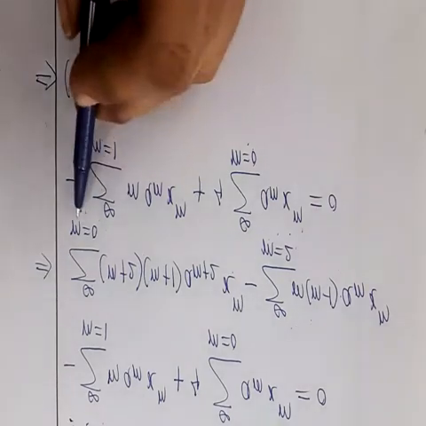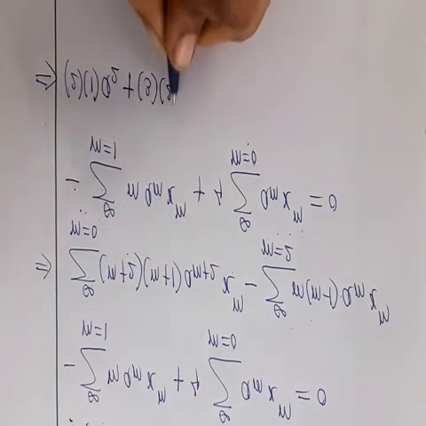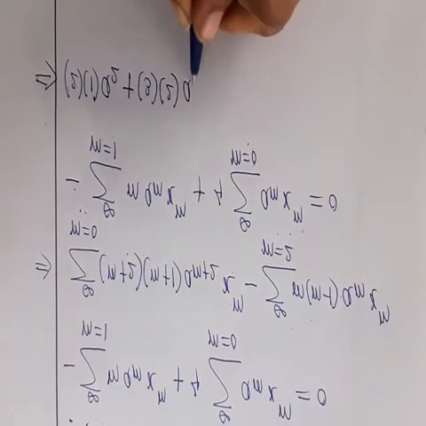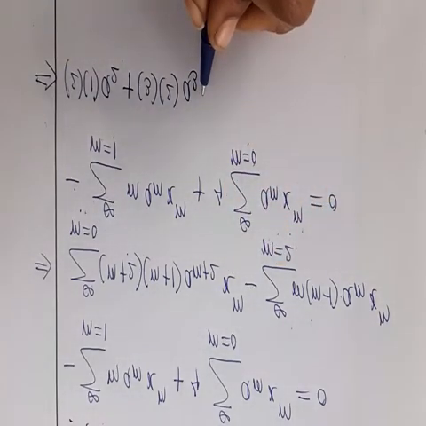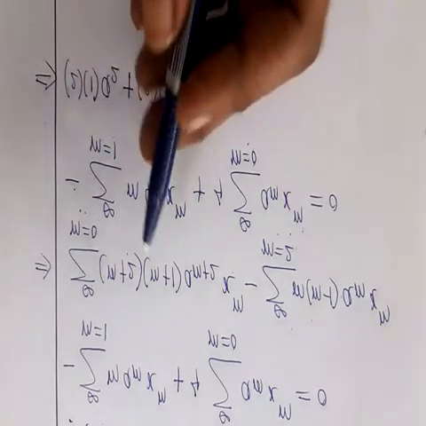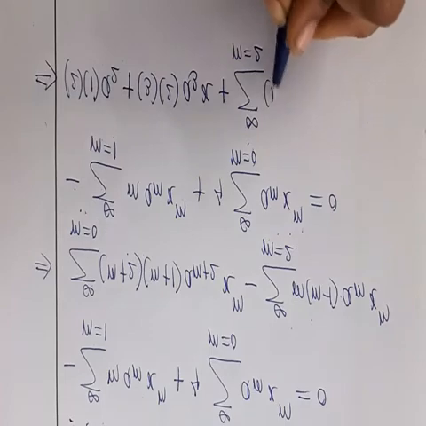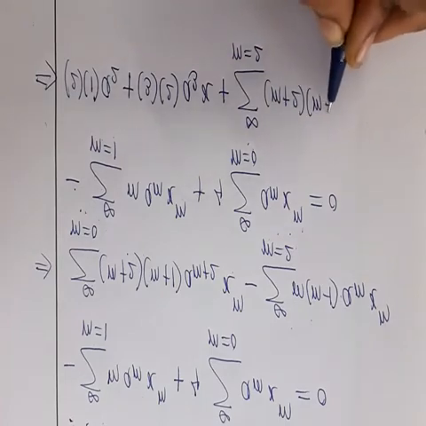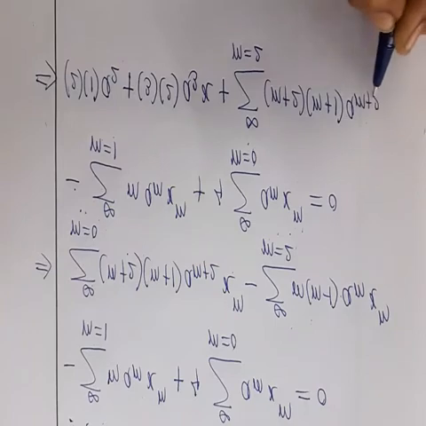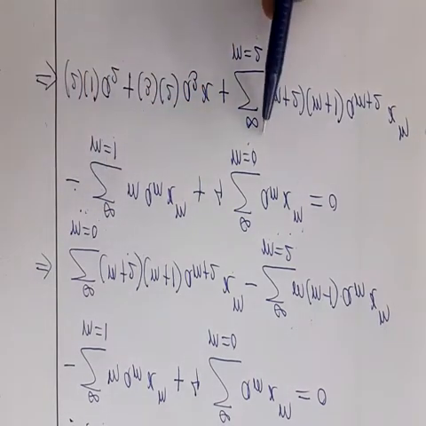Plus, next m equals 1: 1 plus 2 is 3, 1 plus 1 is 2, giving a_3 and x to the power 1 is x. Next we want 2, 3, 4, so the summation from m equals 2 to infinity is (m+2)(m+1) a_(m+2) x^m. This first term, which started from 0, now starts from 2.